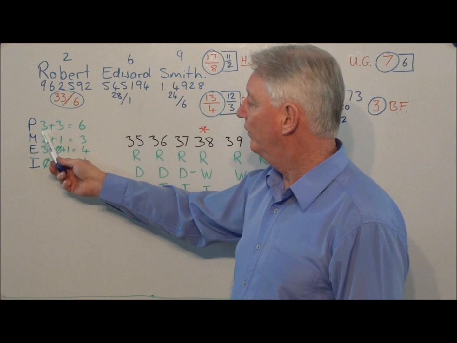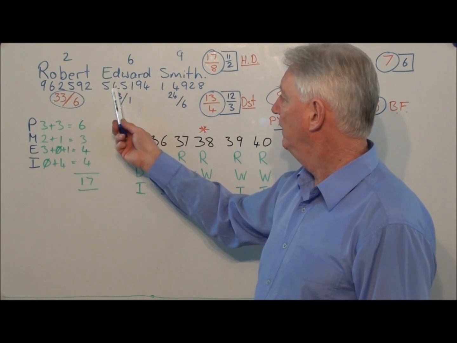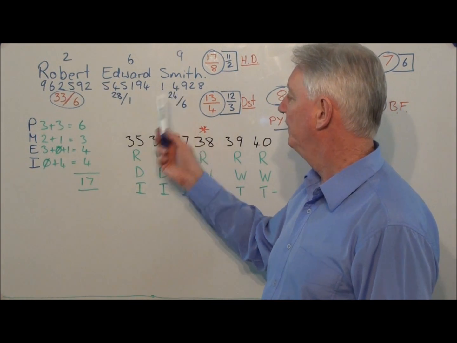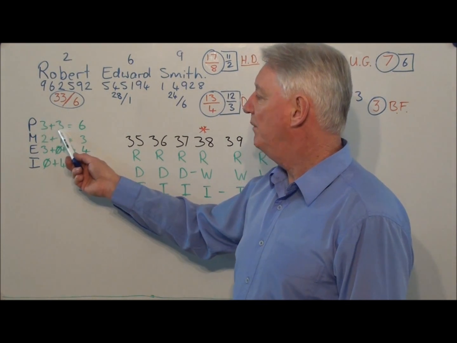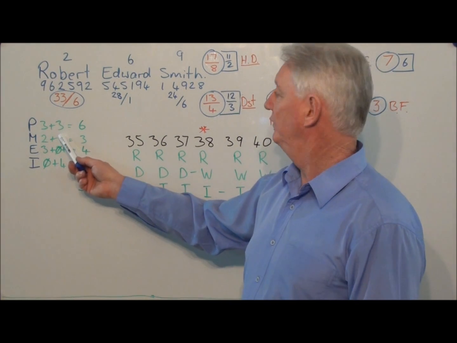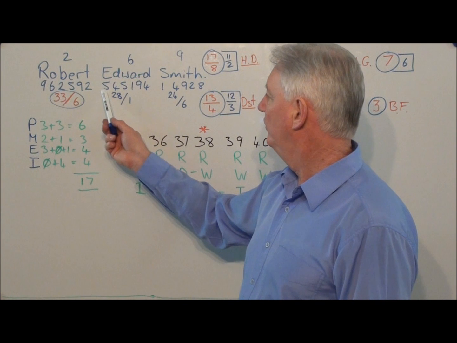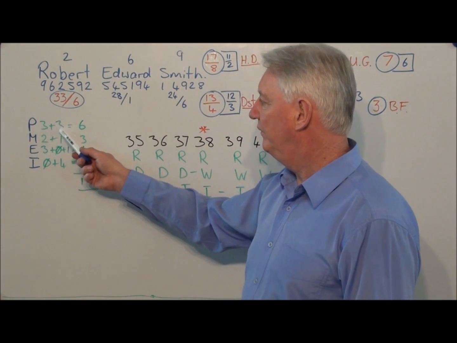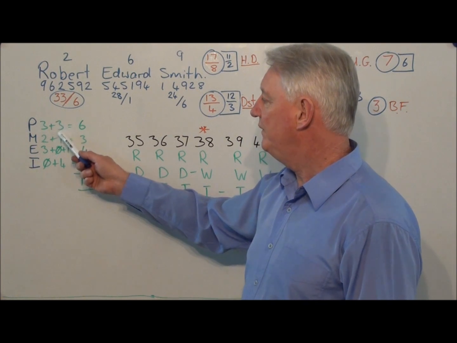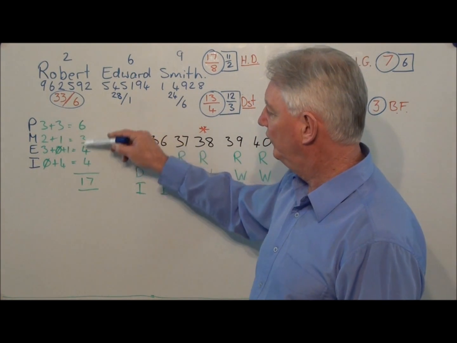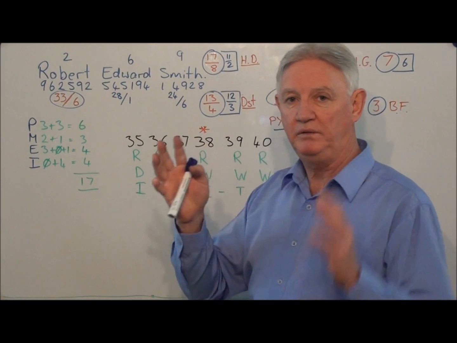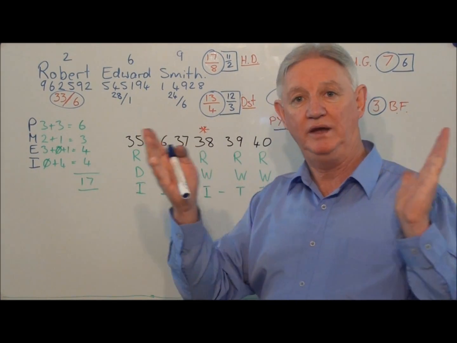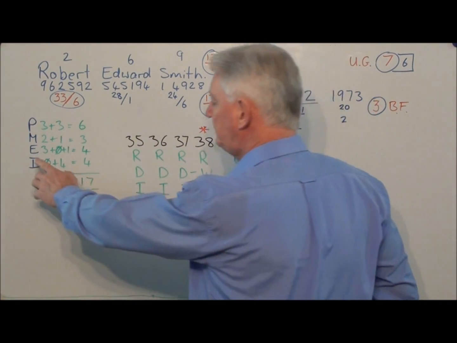We've got 3 4s. 1, 2, 3. So we've got 3 4s there. How many 5s do we have? Well, we've got 3 of those. 1, 2, 3. No other 5s. So by doing the 4s and 5s, we've got 3 4s, 3 5s, it equals 6. This is just the total. The total shan't be reduced. Never reduce it, even if you get a 10, 11, 12, 13, whatever.